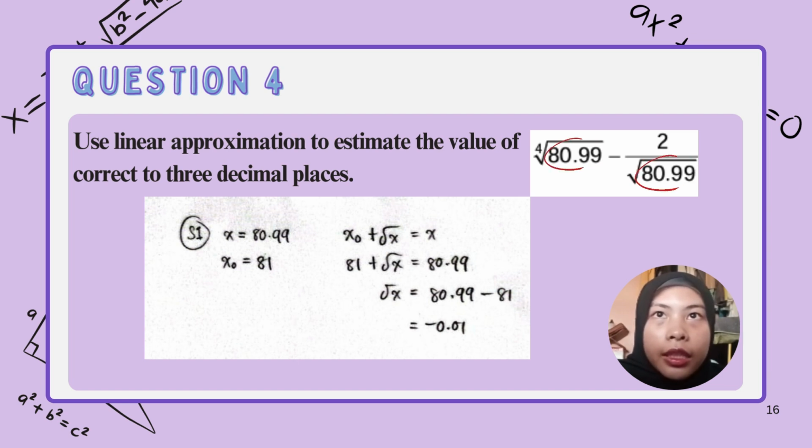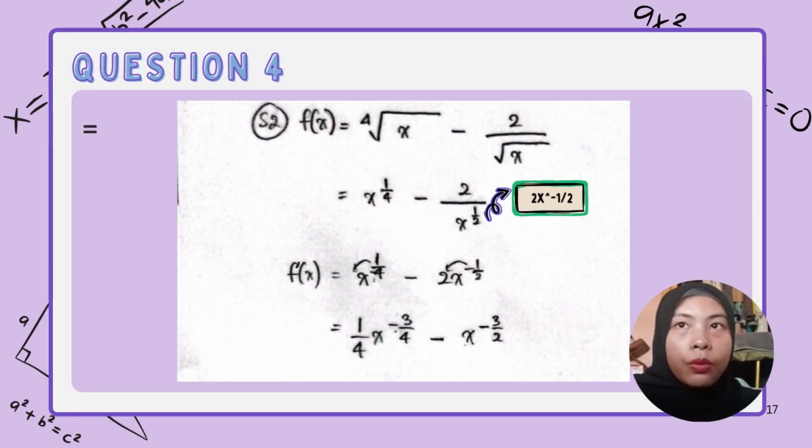The 80.99 minus 81 becomes -0.01. Next step is we need to find the function for f(x). So f(x) is equal to 4√x - 2/√x. Why does it become x? x is actually the 80.99 from the question, but we change it to x.